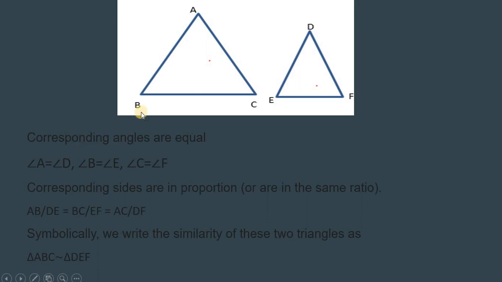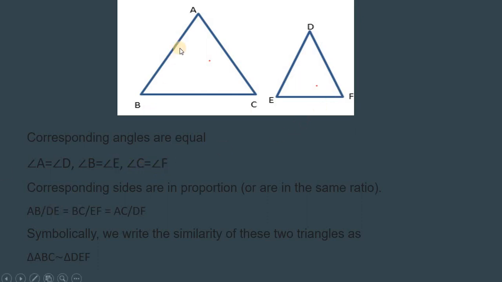The corresponding angle of A is D, of B is E, and of C is F. If the triangles are similar, angle A should equal angle D, angle B should equal angle E, and angle C should equal angle F.